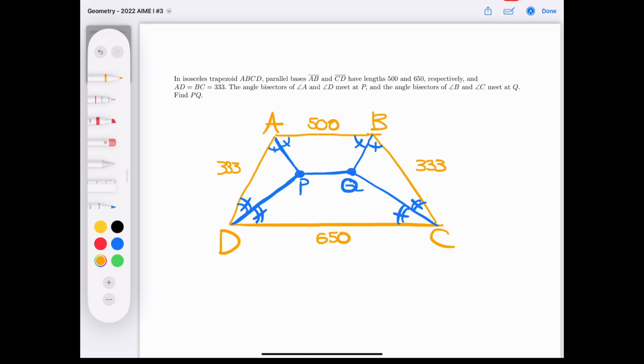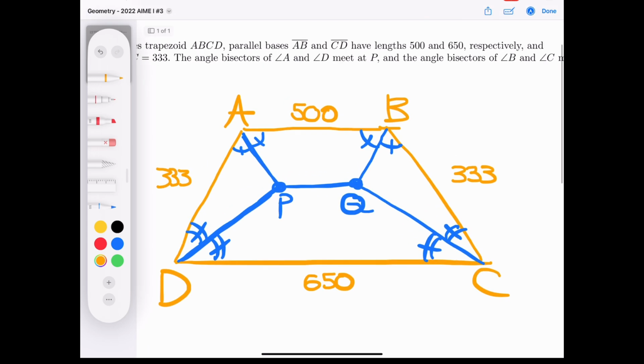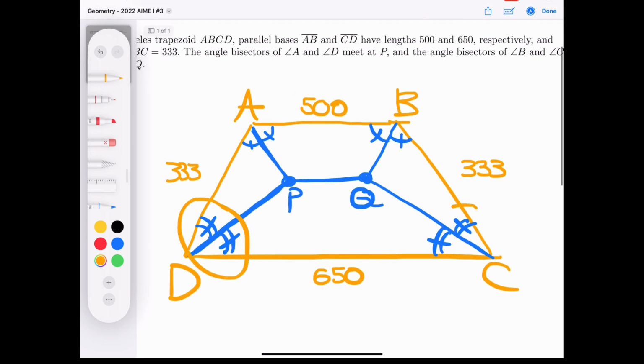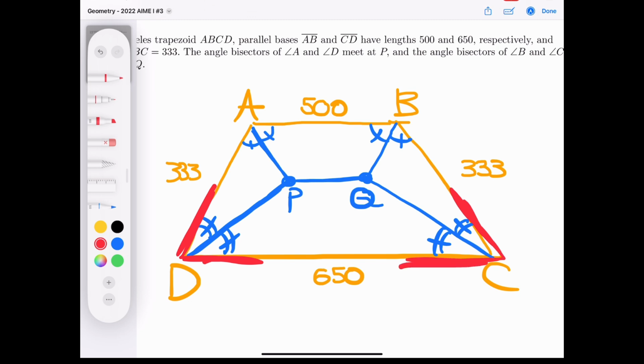And so before you pause the video, I would just like to make one comment about the diagram. The reason why these four angles down here are equal is because, by the fact that it's an isosceles trapezoid, angle D will equal angle C, and so all these are bisected.